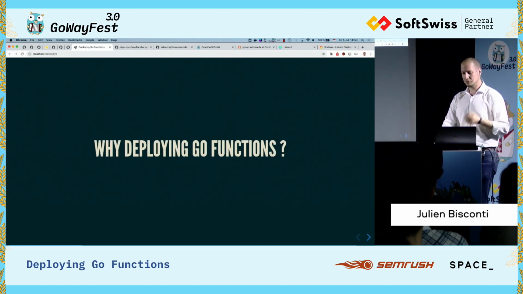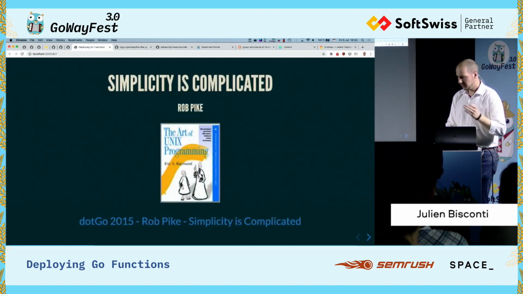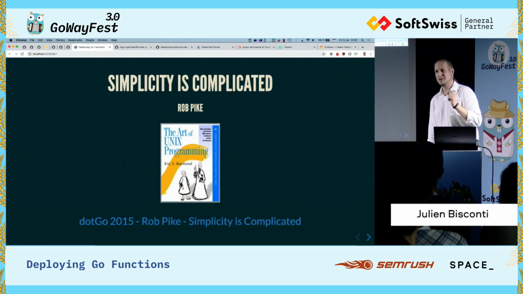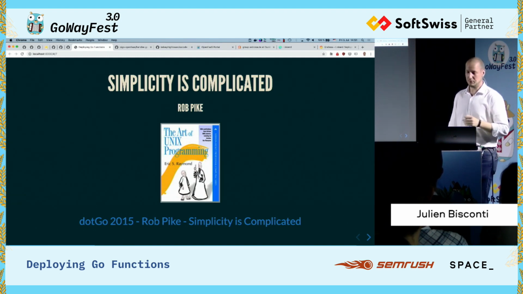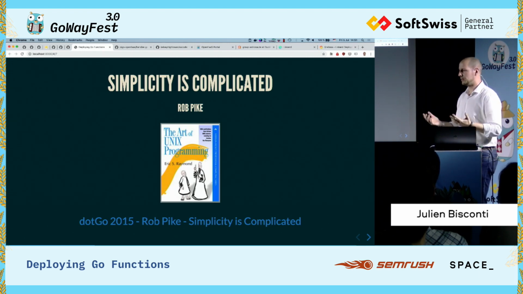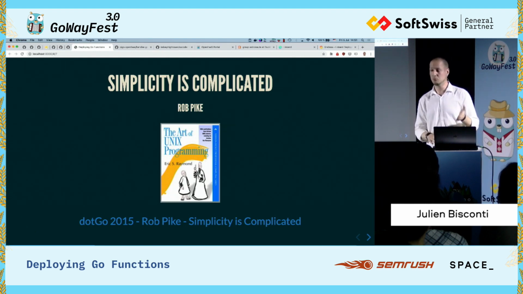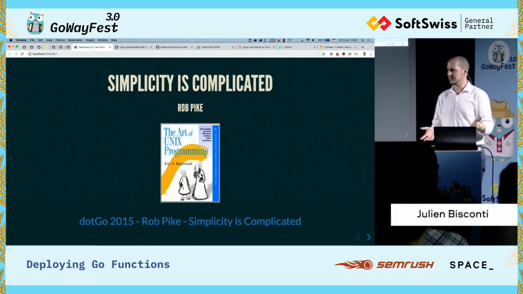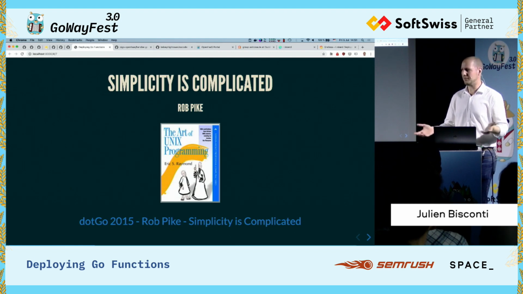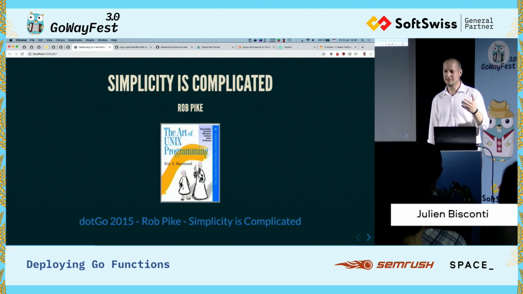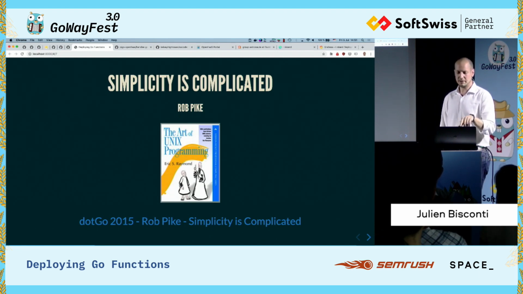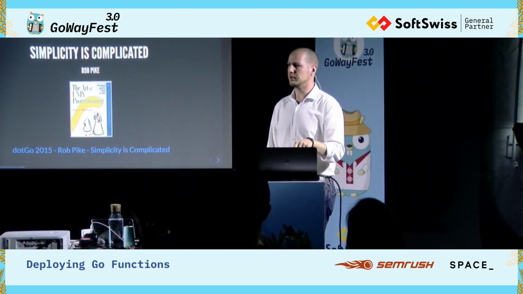So why deploy Go functions? Because simplicity is complicated. I saw that talk from Rob Pike a few years ago at dotGo, and it really inspired me to give a bit of credit to all the people who do the hard work that you don't see, basically. We don't see it. I just use it. I forget it's there. A fun fact about that is I never really paid attention to that kind of thing until I read that book, The Art of Unix Programming.